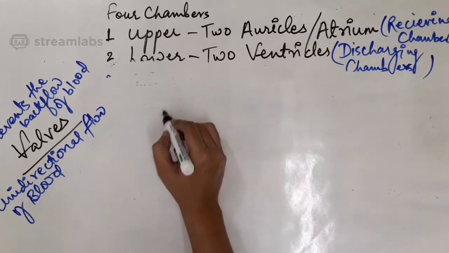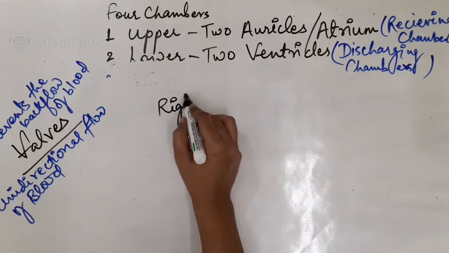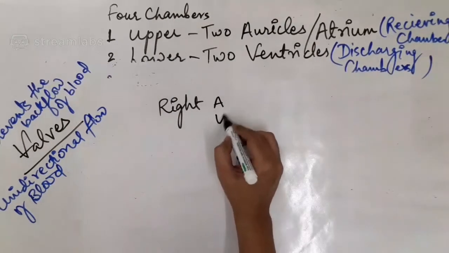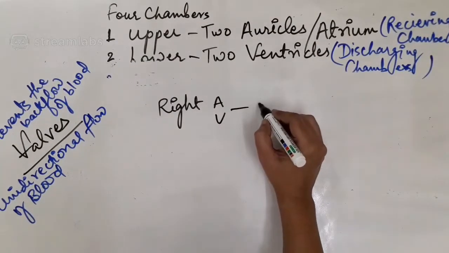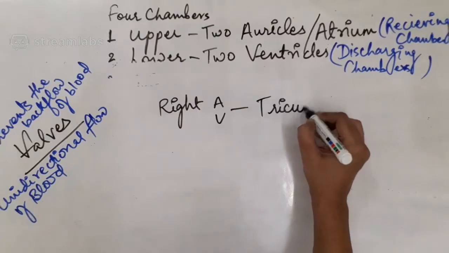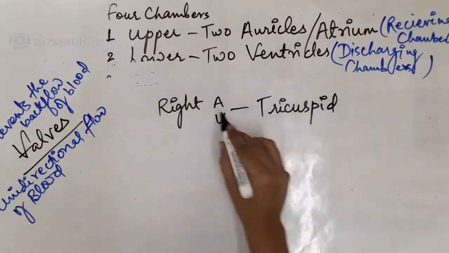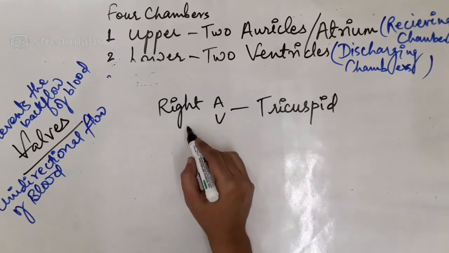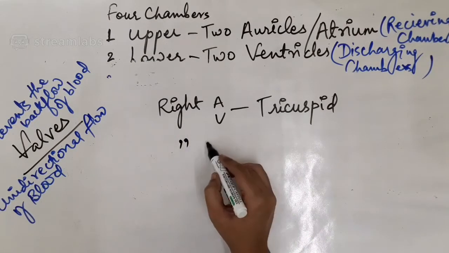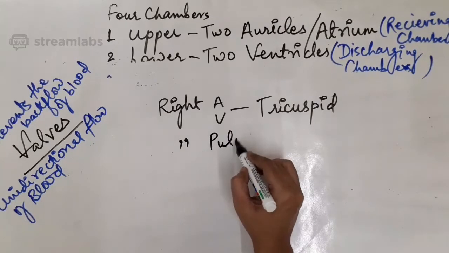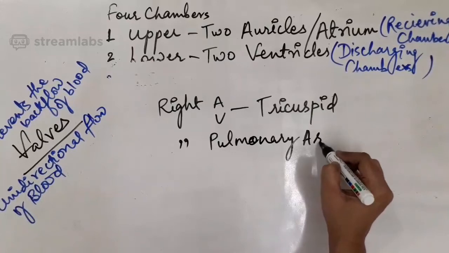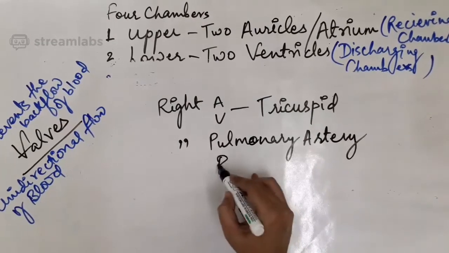One which is present in the right side of the heart, in between the right auricle and right ventricle, is the tricuspid valve. And also on the right side, the valve in the pulmonary artery is called the pulmonary valve.